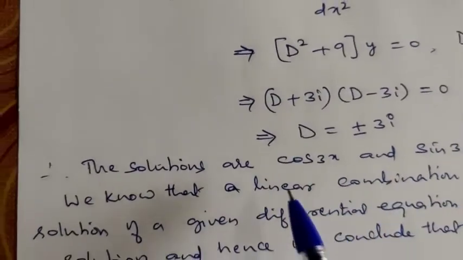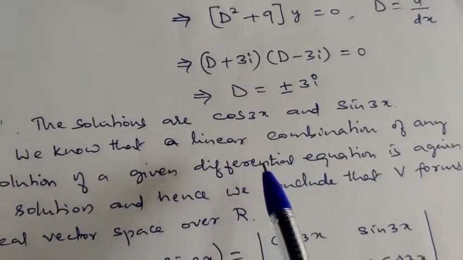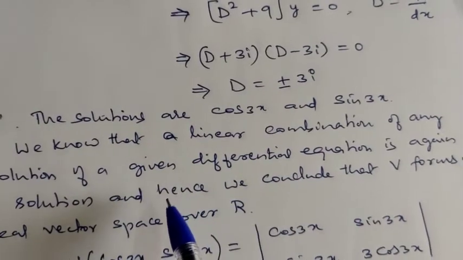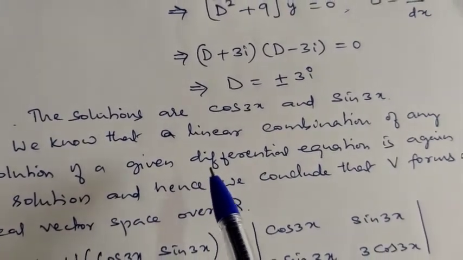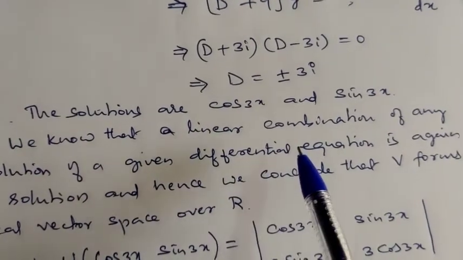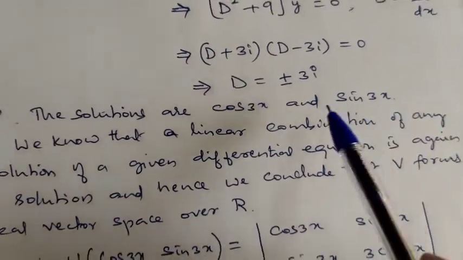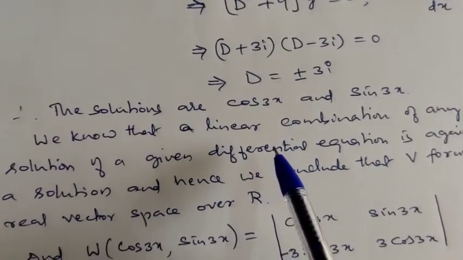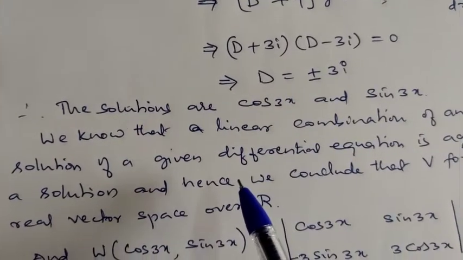Now we know that a linear combination of solutions of a given differential equation is again a solution, because if f and g are solutions, then alpha f is also a solution, beta g is also a solution, and alpha f plus beta g is also a solution. That you have studied in your differential equations.